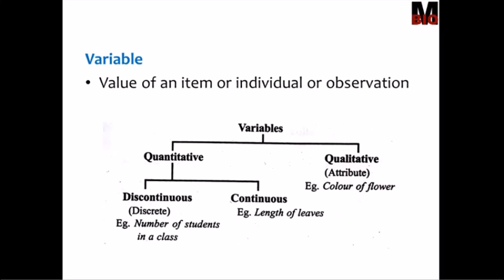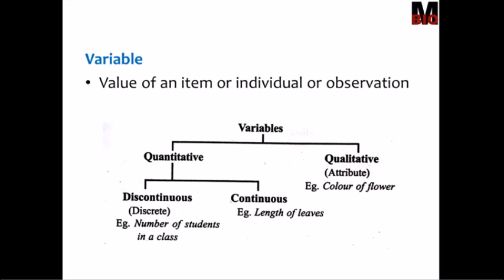Now let us analyze what is quantitative and what is qualitative. When a variable is measurable, it is called a quantitative variable. Example, number of students in a class or height, weight of students in a class. The quantitative variable is of two types, namely discontinuous variable and continuous variable.